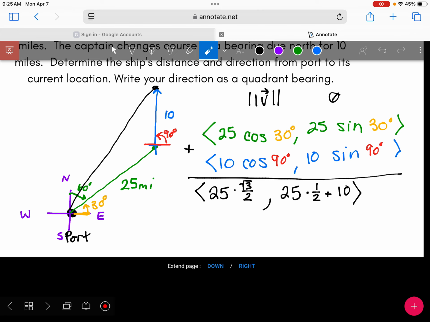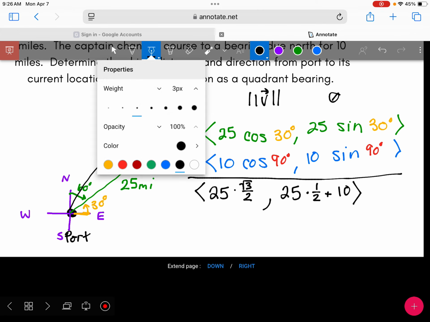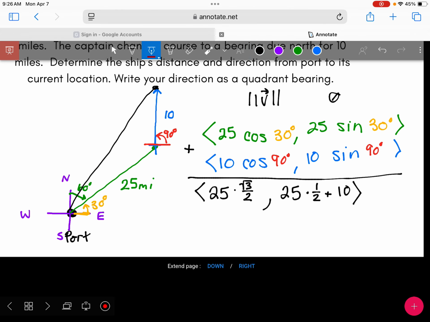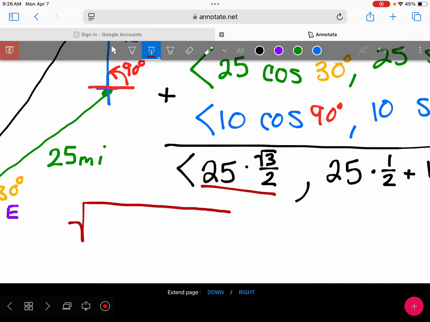Now all we gotta do is find our magnitude and our angle, and then we're done. We've already done magnitude and angle once, so same vibe. Magnitude, that's the one that's our distance formula kind of guy. So we're gonna take our square root of that thing squared.